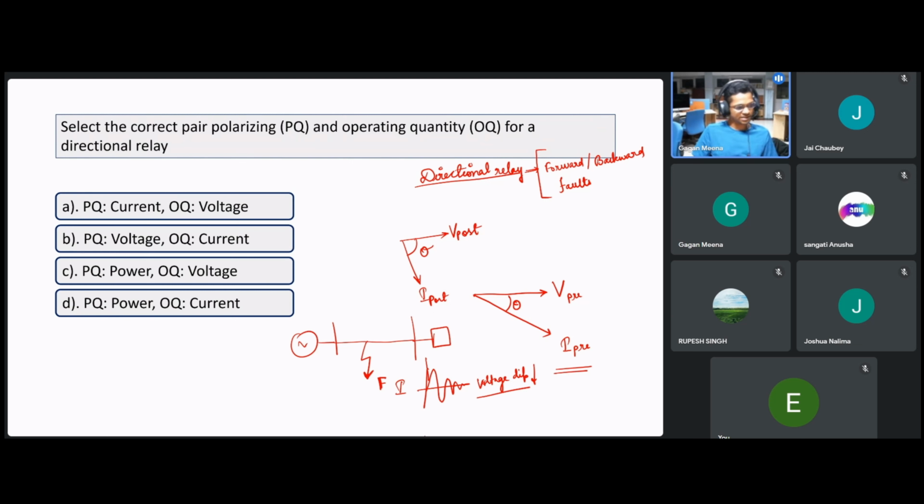But the change in phase of voltage is not much. Voltage is a phasor, so it has a magnitude and a phase. So this phase does not change much. That is why we take voltage as a polarizing quantity.